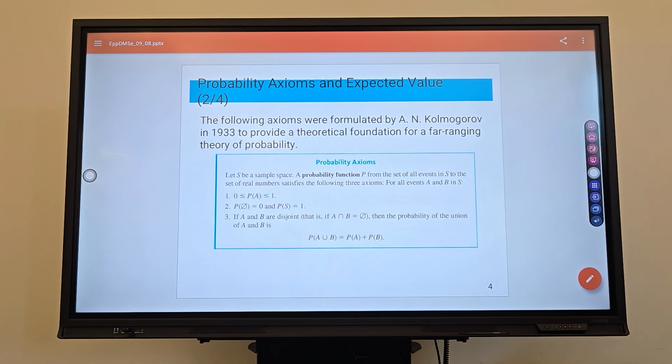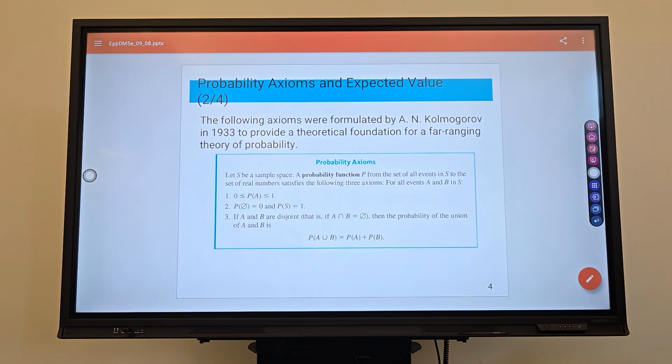Let S be a sample space. A probability function P from the set of all events in S to the set of real numbers satisfies the following three axioms for all events A and B in S. The probability of A is between 0 and 1 inclusive. The probability of the empty set is equal to 0.